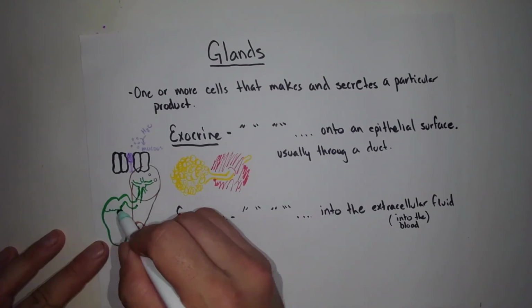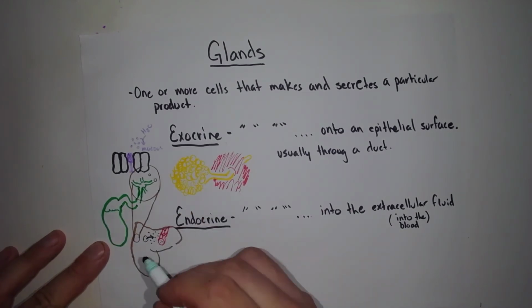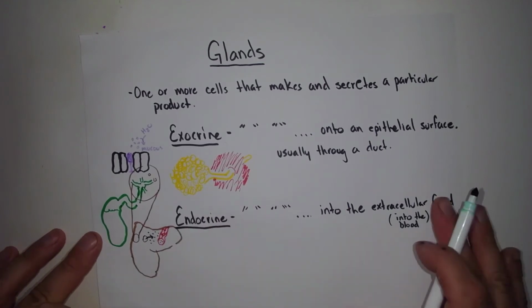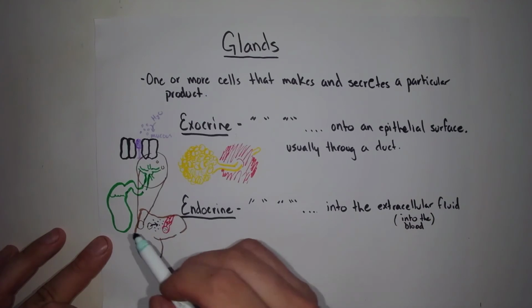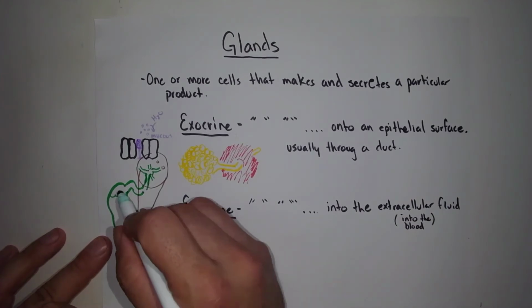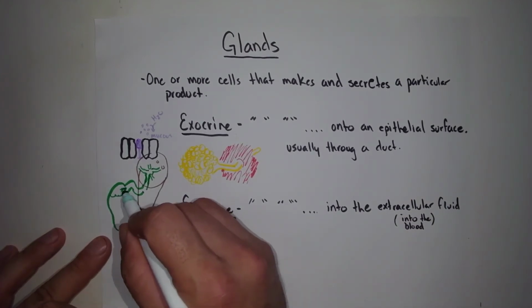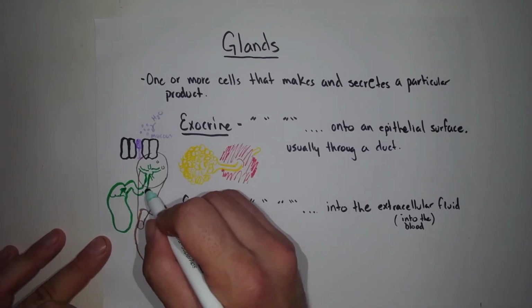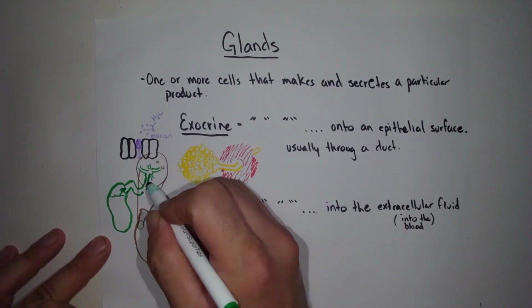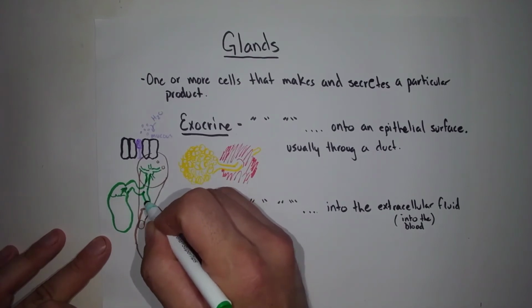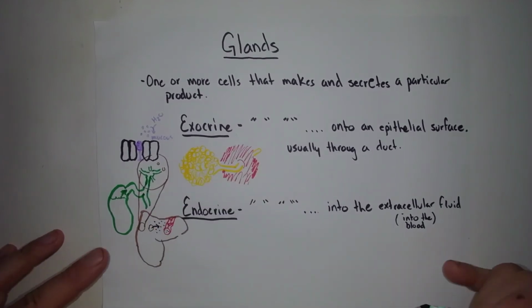And then when we eat a fatty meal, a hormone called cholecystokinin is released, it causes smooth muscle to contract, and this bile gets ejected. As well as the bile produced by these cells of the liver, it's going to make its way through the common bile duct and into the small intestine.